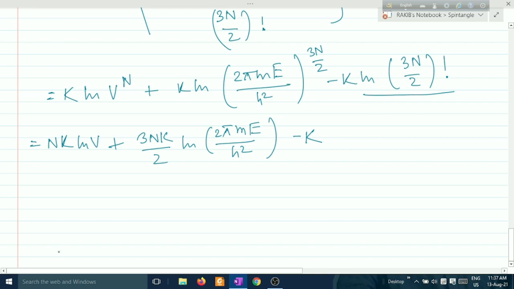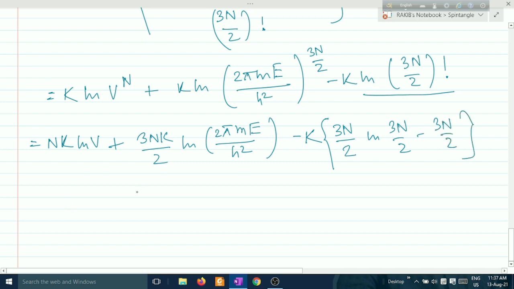If there are a smaller number of constituent particles, Stirling's approximation will not hold. Therefore, for 3n by 2 factorial, using Stirling's approximation, it becomes, in a bracket, 3n by 2 ln 3n by 2 minus 3n by 2.